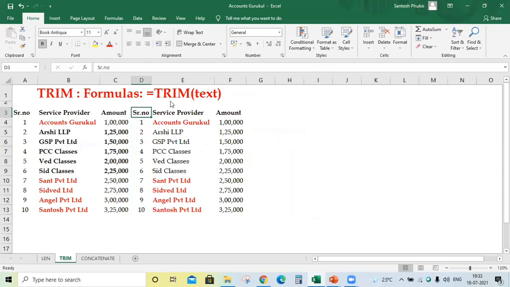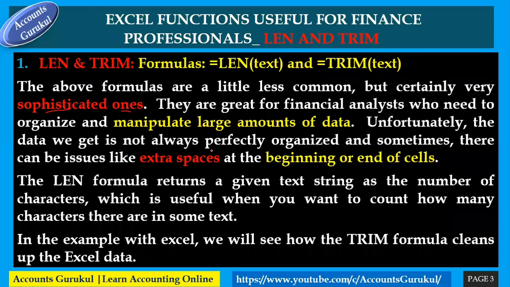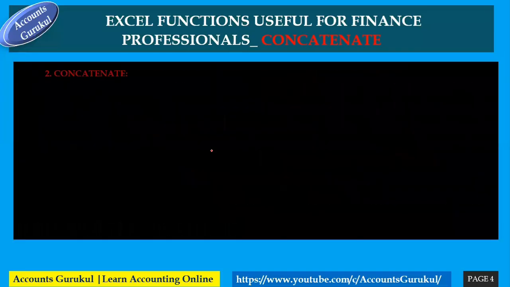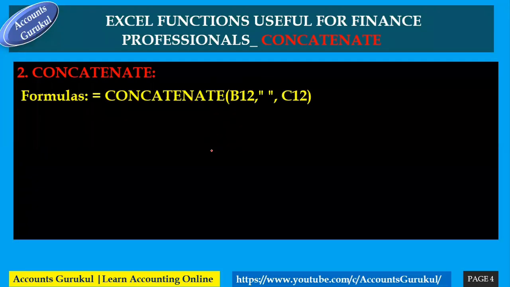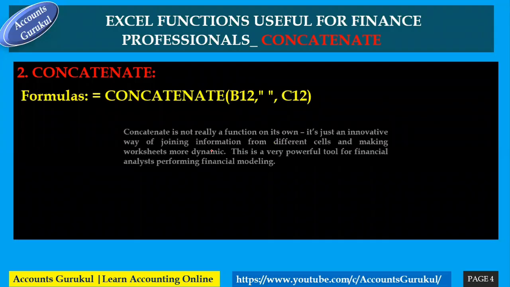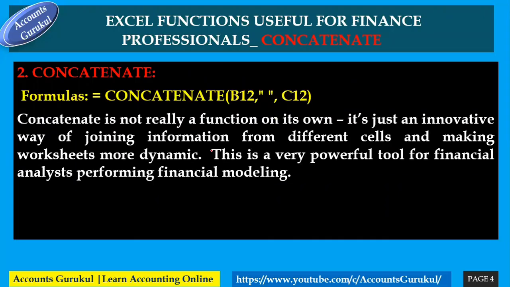Now coming back to the next, that's CONCATENATE. So this is not really a function on its own. It's just an innovative way of joining information from different cells and making worksheets more dynamic.